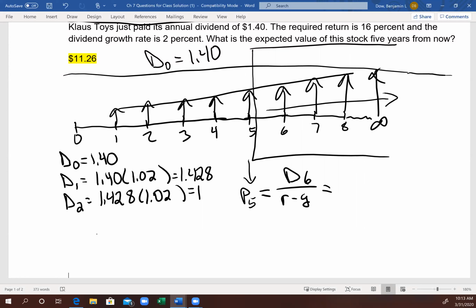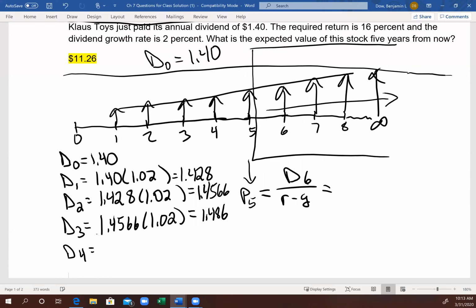Now we're at $1.4566. And let's just keep it consistent.